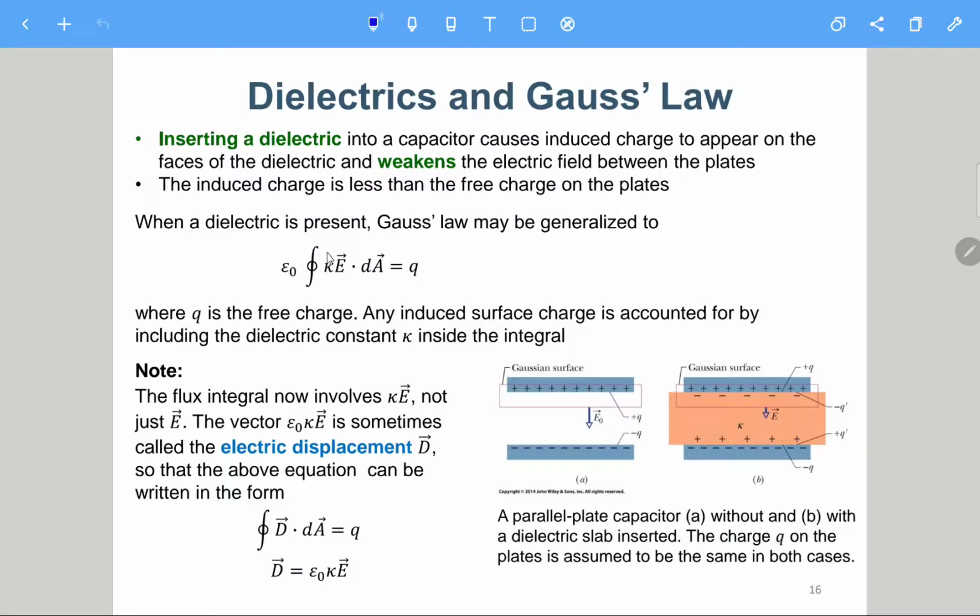So we just write the kappa inside the integration, but it's nothing special. Actually, advanced electromagnetism textbooks use D, the electric displacement, capital D, but it is seldom used, so knowing this one is quite sufficient for this course.